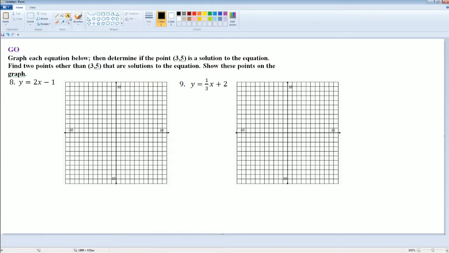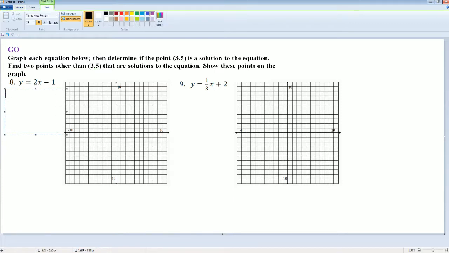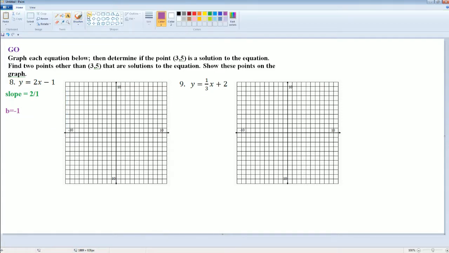Right here we say the slope is equal to 2 over 1, that's always going to be green. And the y-intercept, which is purple, b is equal to this number here, -1. So you put the dot here.